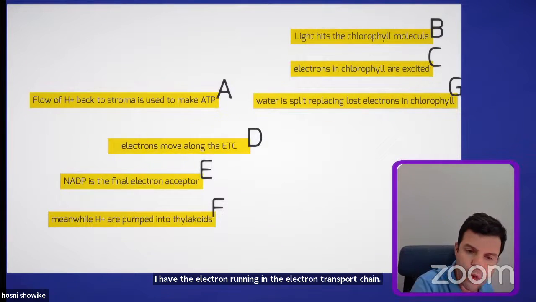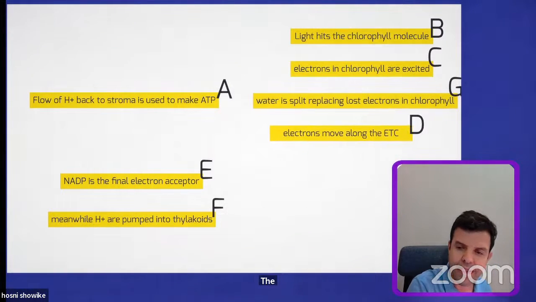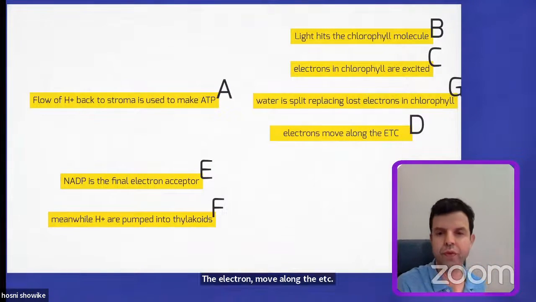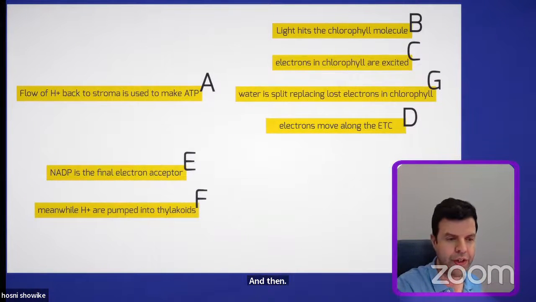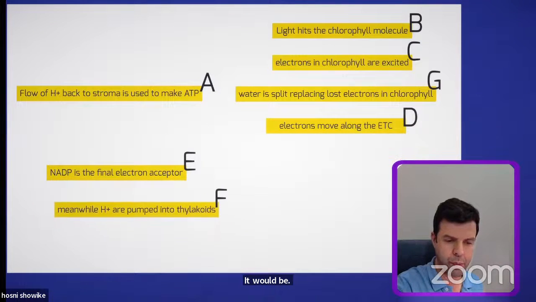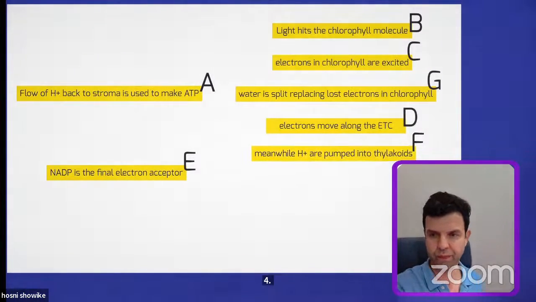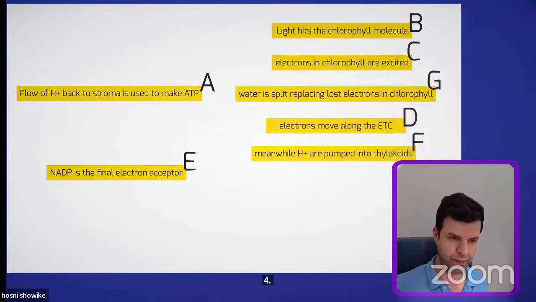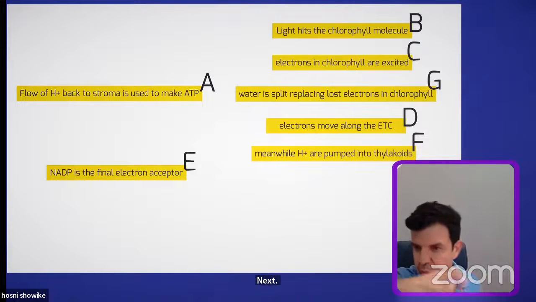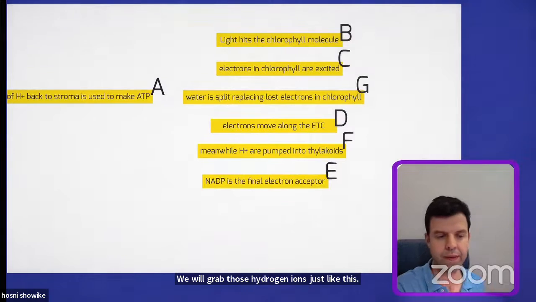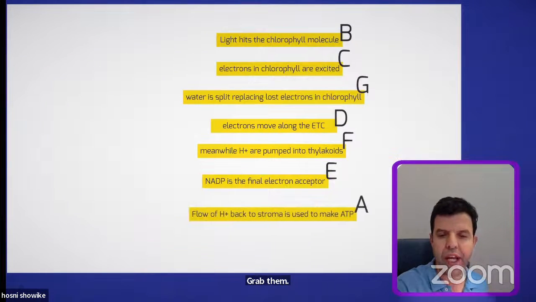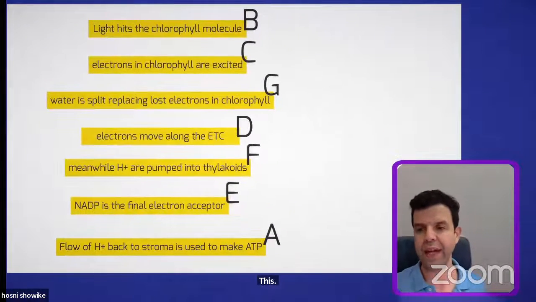The electron moves along the ETC, right? And then once it moved there, it would be used for moving hydrogen ions, right? Next, we will grab those hydrogen ions, just like this, and we're going to use them to make ATP.